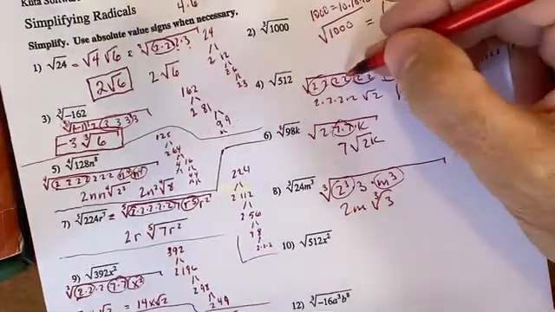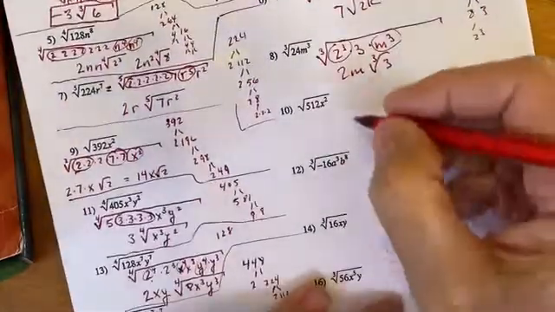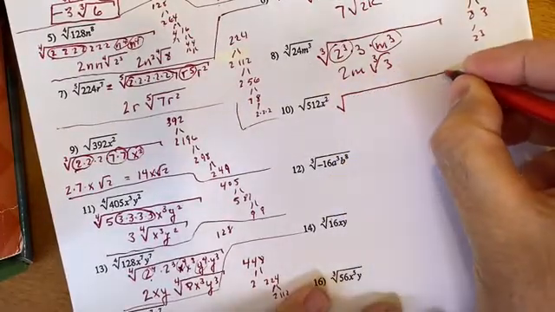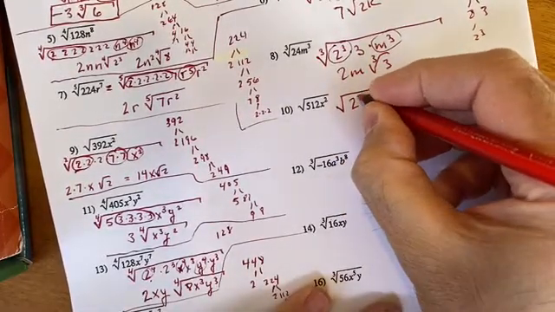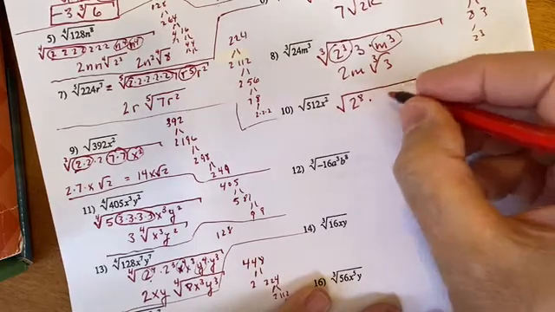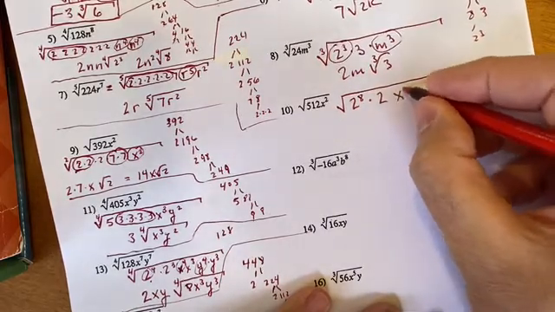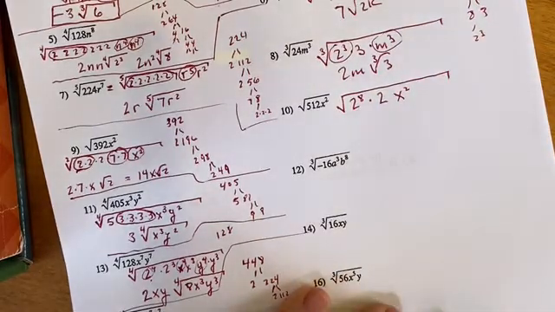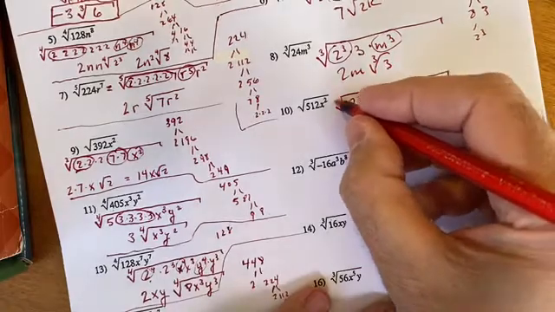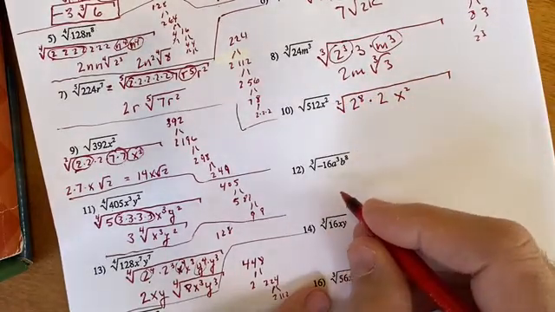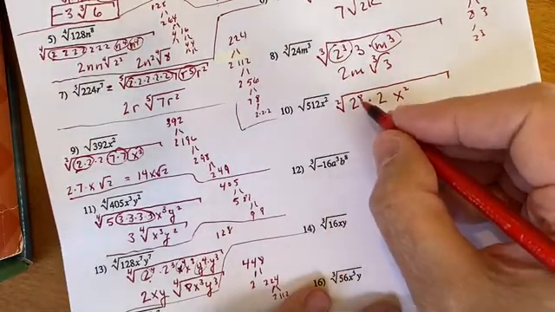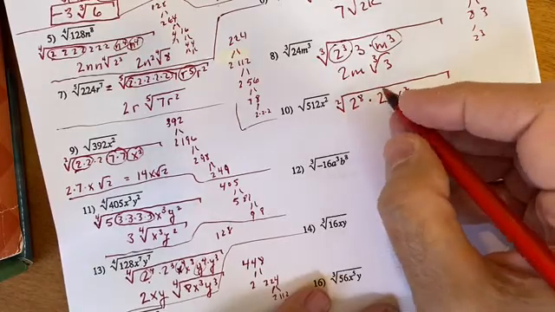512, remember, was 2, 4, 6, 8, 9 2s. I'm going to do something: 2 to the 8th times 2, x squared. Okay, so this is the 2nd root. So how many 2s are in 8?